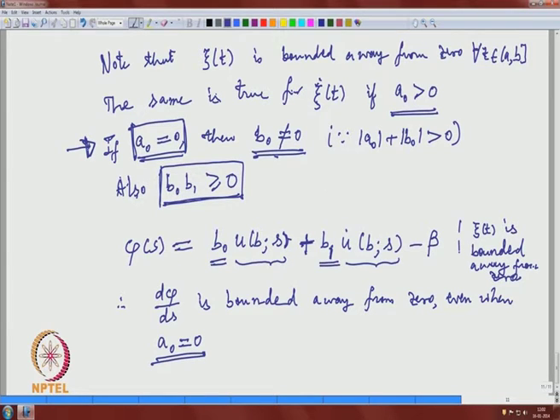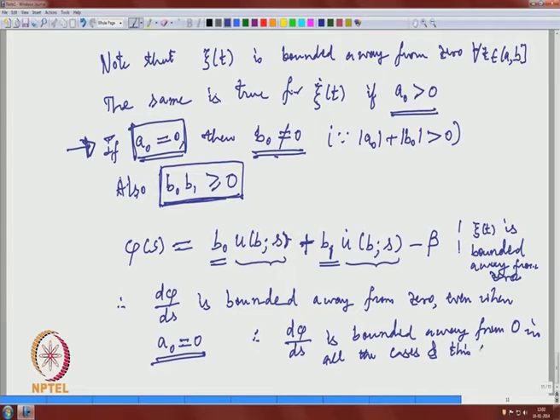When A0 is 0, we required that B0 is different from 0 and we also required that B0 and B1 have the same sign, and that assures that d phi by ds is again bounded away from 0 even when A0 is 0. So, therefore, d phi by ds is bounded away from 0 in all the cases, and this completes the proof.